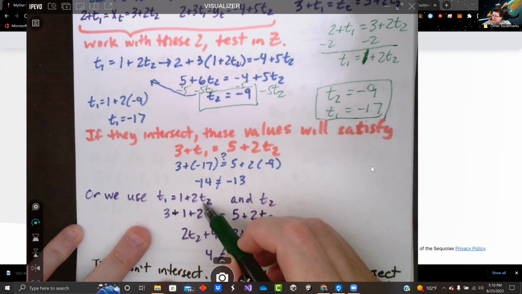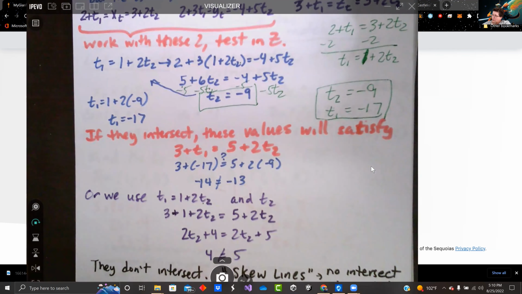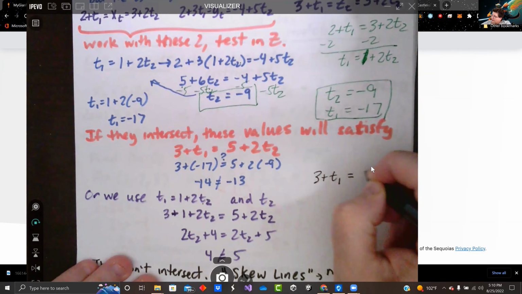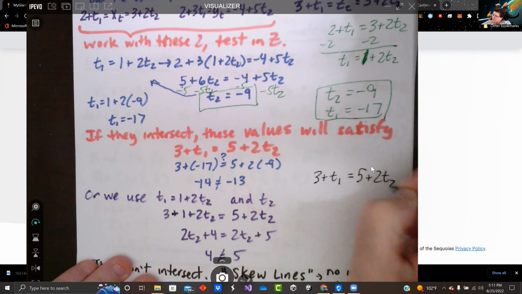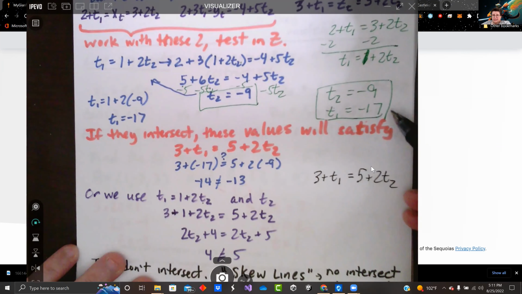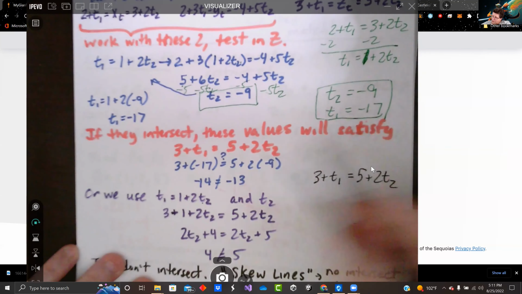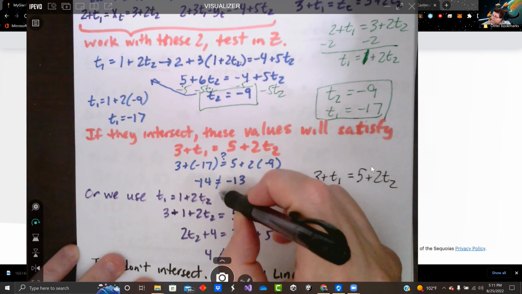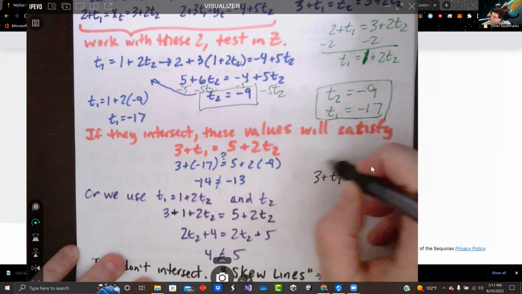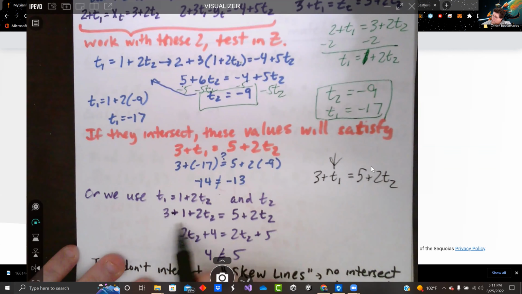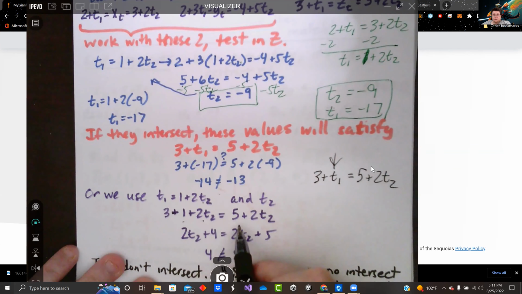We got 1 plus 2t2, but I plugged it into the z equation. 3 plus t1 equals 5 plus 2t2. So I didn't actually find the timestamps of negative 17 and negative 9. I took t1 equals 1 plus 2t2 and I plugged it in right here. So I get 3 plus 1 plus 2t2 equals 5 plus 2t2.